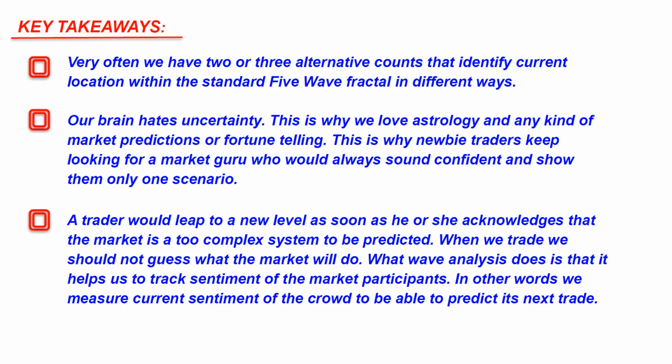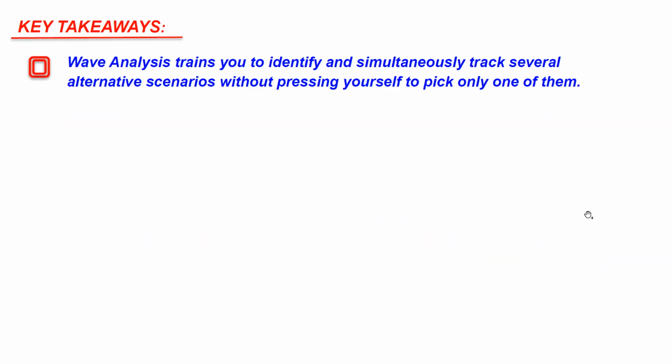Our brains have not evolved much from prehistoric times. In other words, we measure current sentiment of the crowd to be able to predict the next trade of the crowd. Wave analysis trains you to identify and simultaneously track several alternative scenarios without pressuring yourself to pick only one of them.